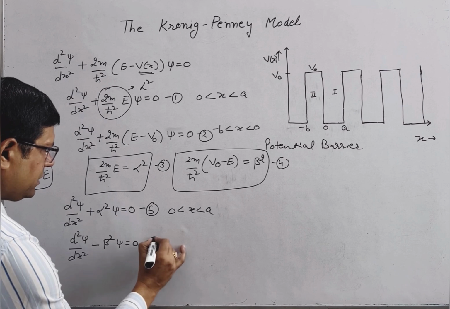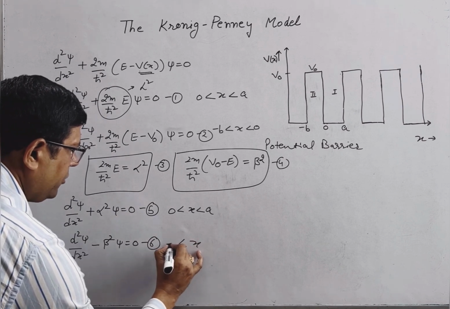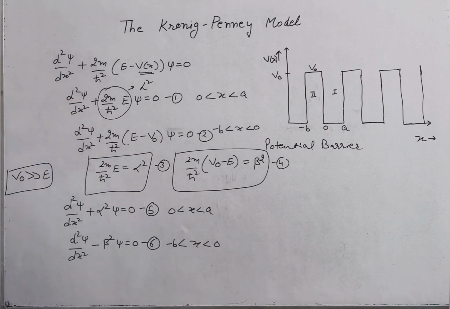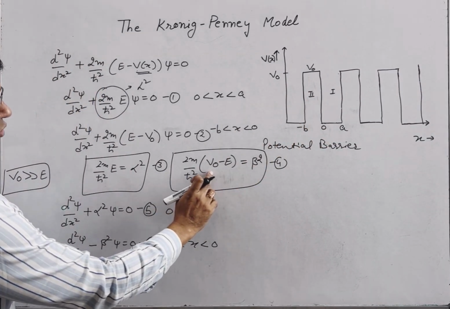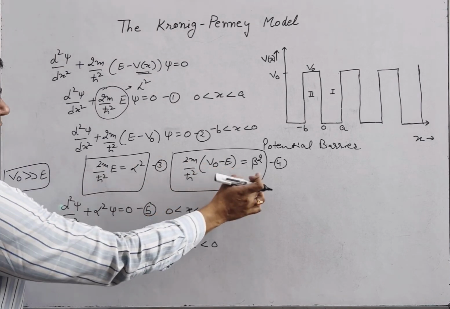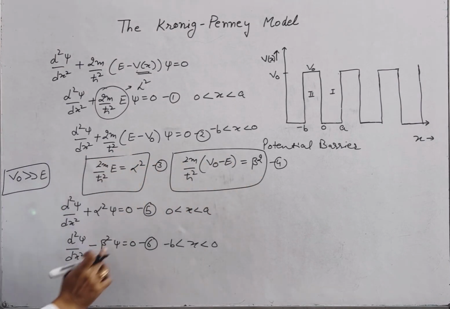This is equation number 6 and this is for region x lying between minus B to 0. Okay, for region second, as we assume V0 is greater than E, V0 minus E is positive, so here this will be minus beta square.